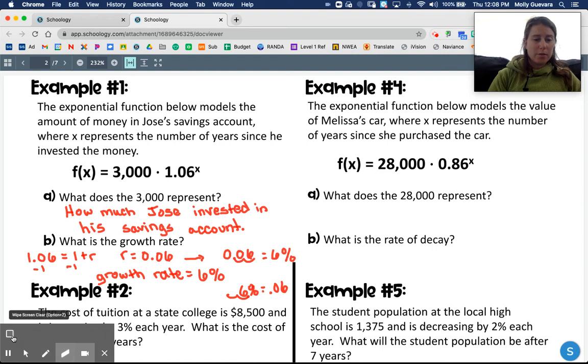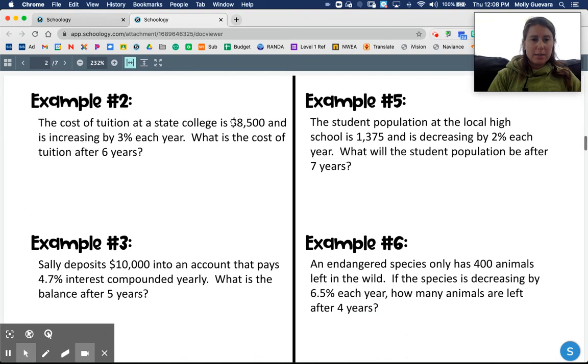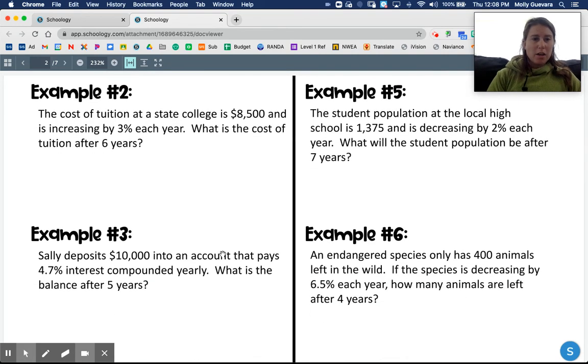Okay, let's look at another one. Example 2 says the cost of tuition at a state college is $8,500 and is increasing by 3% a year. What is the cost of tuition after 6 years? Because it's increasing 3% a year, T has to be in years, and here it's years, so we're good. We're going to write the equation.